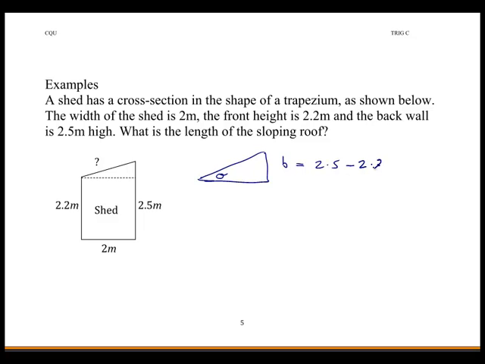So from the diagram we can work out what the lengths are. So here that'll be 2 meters. Here's the unknown. So C, the hypotenuse, is the unknown. Here we have my right angle triangle. So I can just use Pythagoras. So I want to find C. Putting that into the calculator.